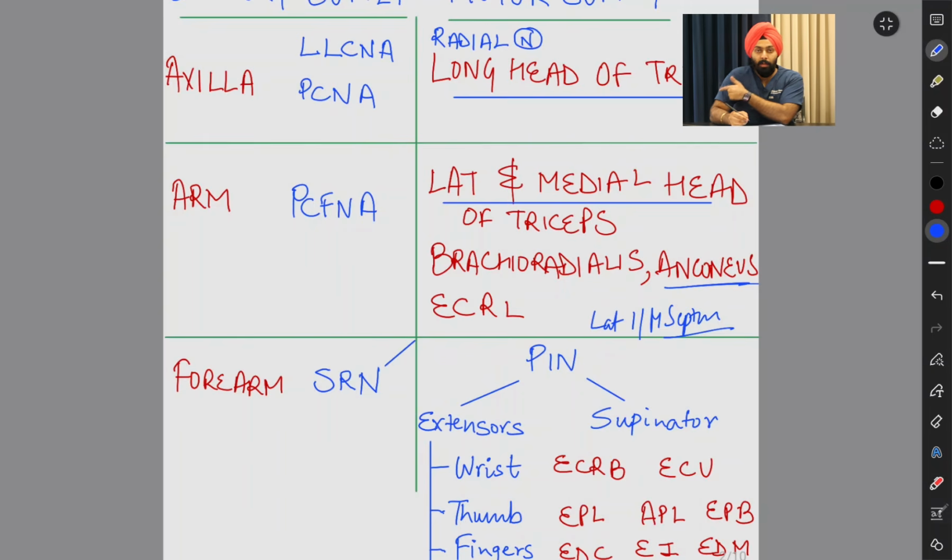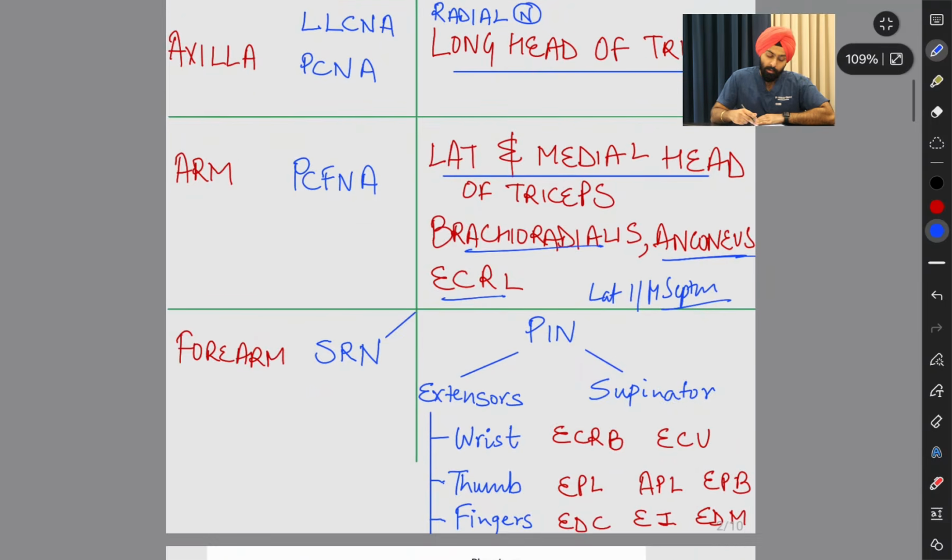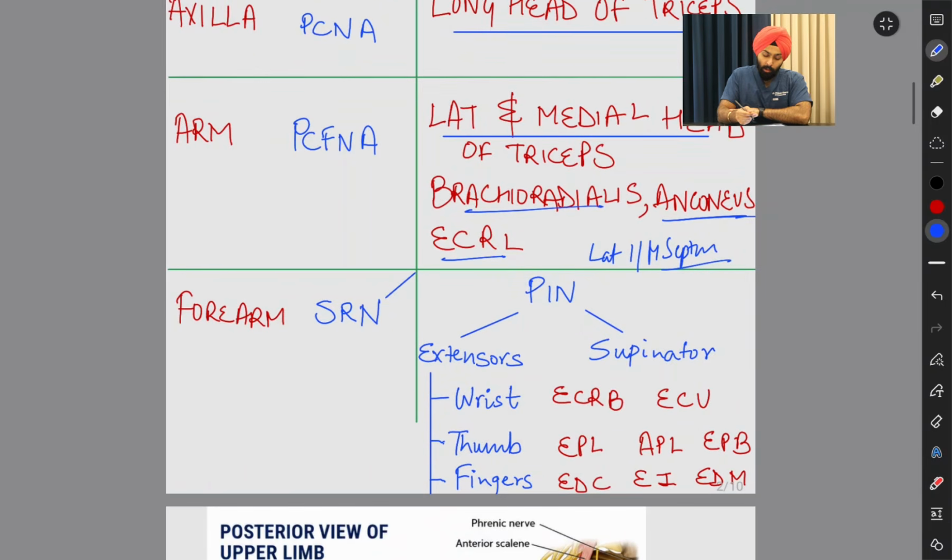Once it pierces the lateral intermuscular septum, it supplies the brachioradialis as well as the extensor carpi radialis longus, that is the ECRL muscle. Further, it descends towards the forearm and gets divided into two branches, one superficial sensory and one deep motor.